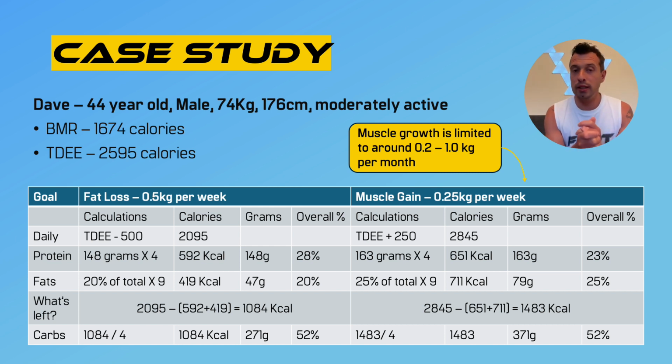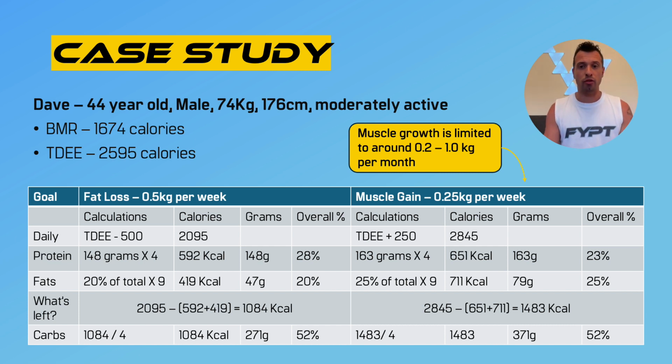Then I look to 25% fat out of the total energy expenditure. That gives me 711 calories. Add those two together. Minus that from my total daily energy expenditure, I get 1,483 calories left. Again, that is what I can spend on carbs.